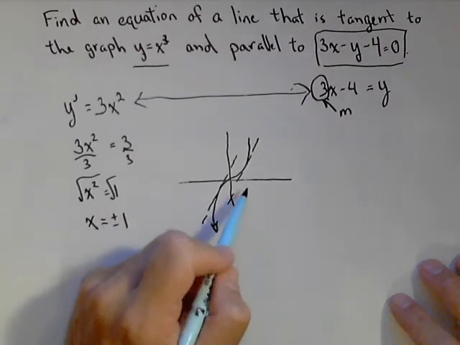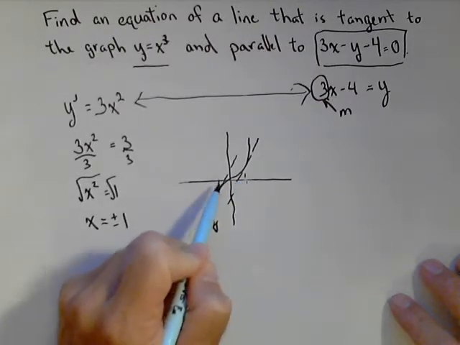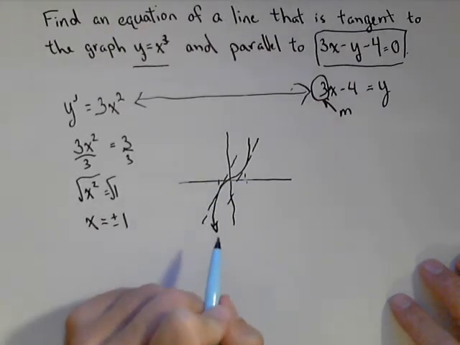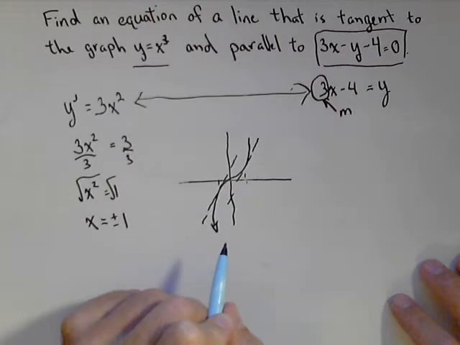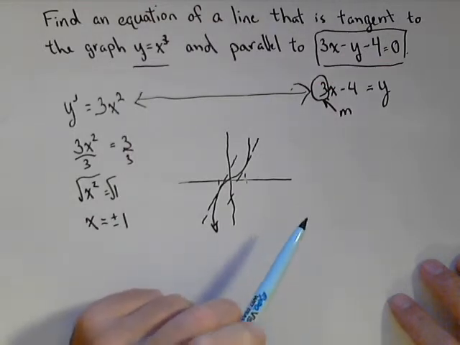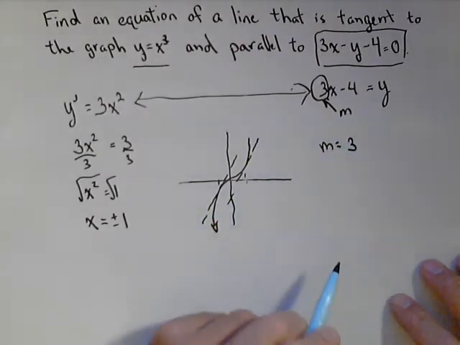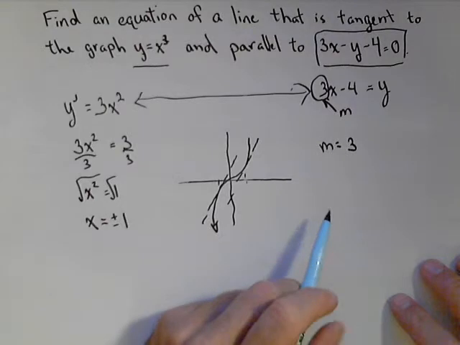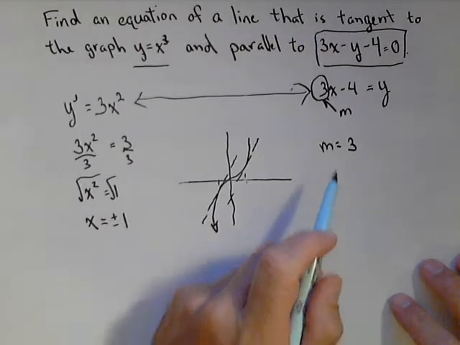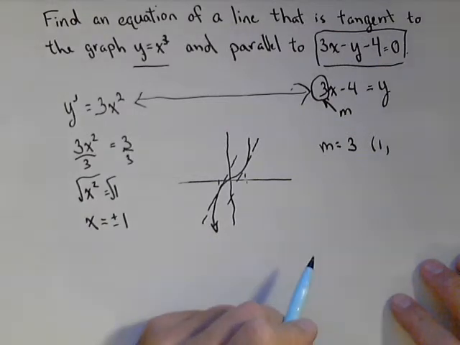One with an x value of positive 1, and one with an x value of negative 1. Now, two things we need to find a tangent line, or any linear function: the slope and a point that it goes through. We already know that the slope for both lines is 3. And we know the x values for both lines. One of them is 1, the other one is negative 1.